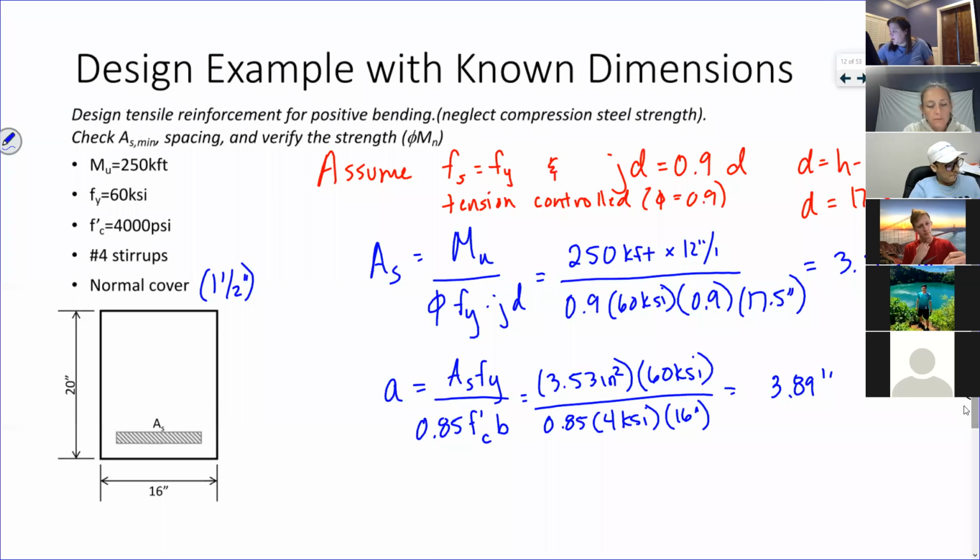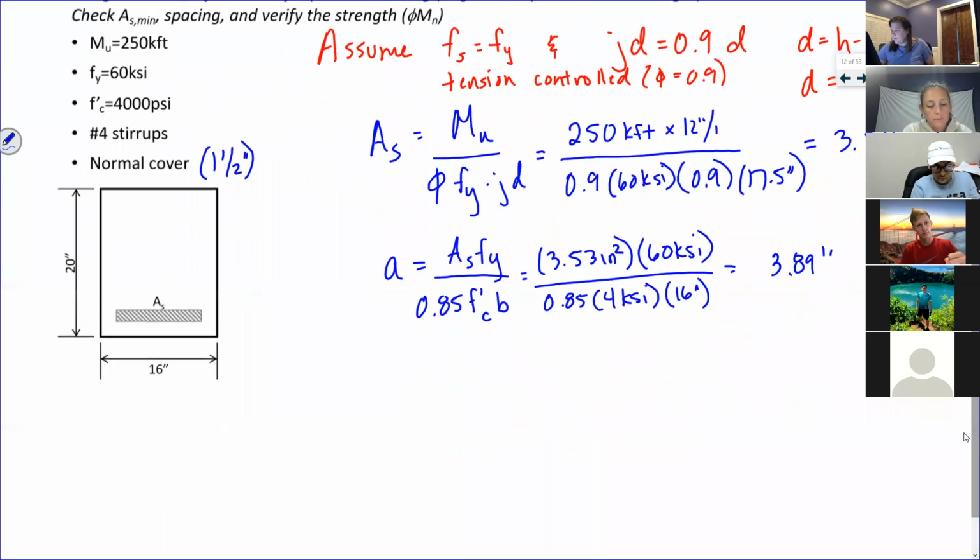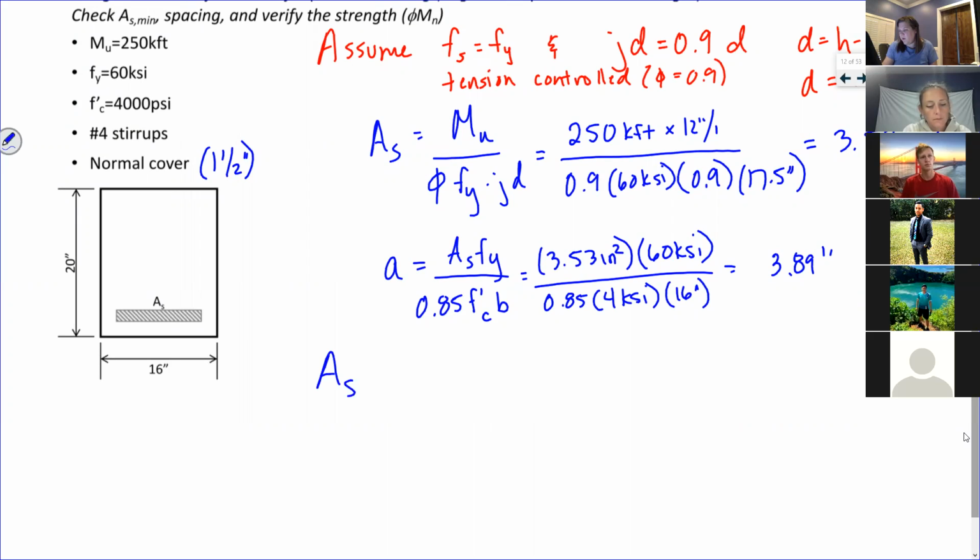And then you make a little chart with my area of steel and a. If I use 3.53 square inches of steel, I have a depth of 3.89 inches.